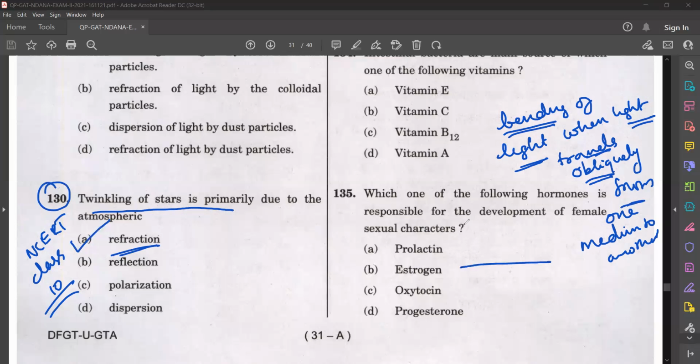Suppose light is coming like this and reaches another medium, what happens? It bends. That phenomenon is known as refraction. Now, twinkling of stars is due to what? That is atmospheric refraction.